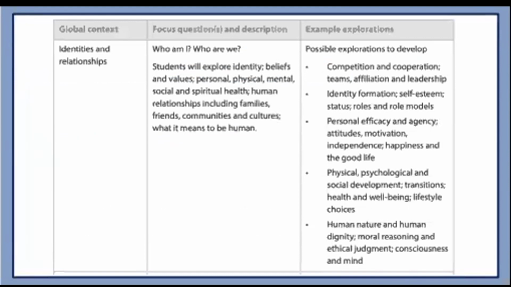So let's just look at that. We've all seen awkward, fairly meaningless SOIs that try to include the exact examples in From principles into practice. But remember, again, it says examples right at the top. They are possible explorations to develop. They are not exhaustive and you are not required to choose from those. So you could pick one word from a list.